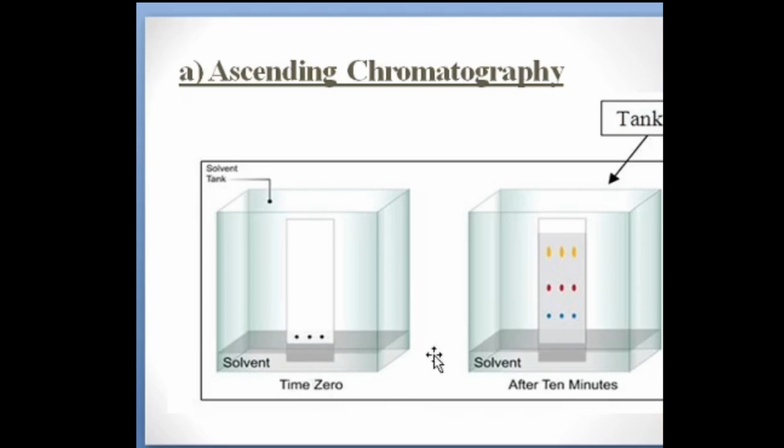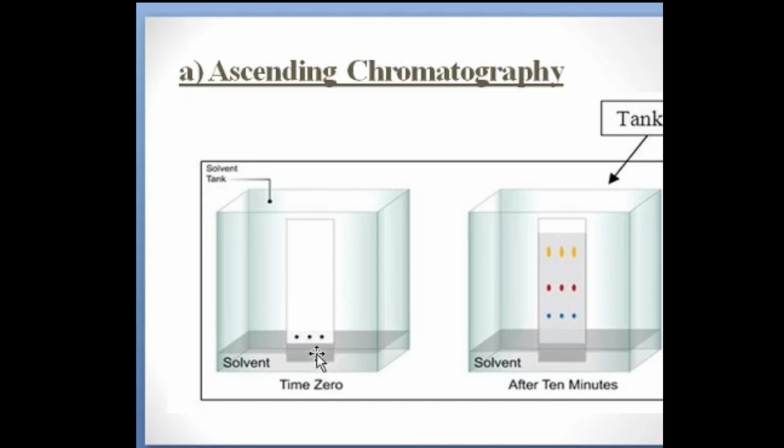Then after that, we put this paper in this tank which contains the solvent, and we cover the tank and leave it for about 14 to 18 hours. In that time, this solvent contains the mobile phase and the stationary phase is the water molecule.